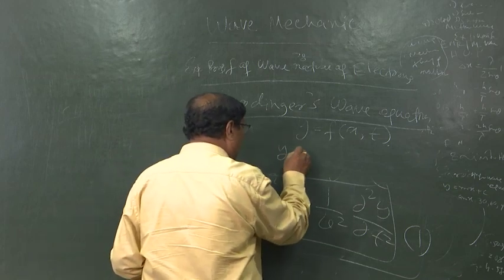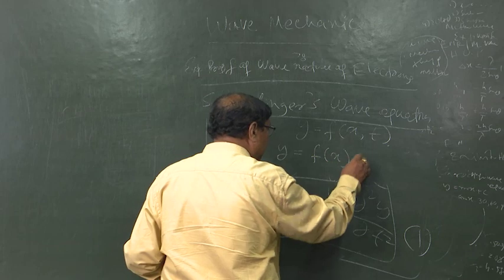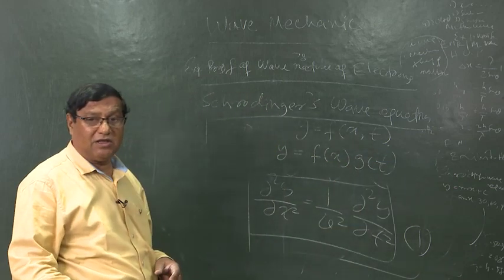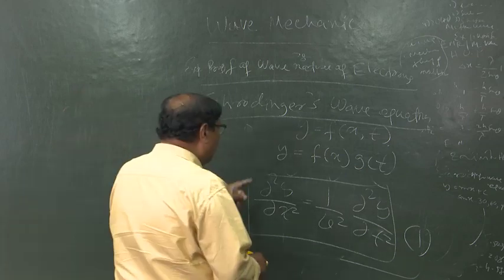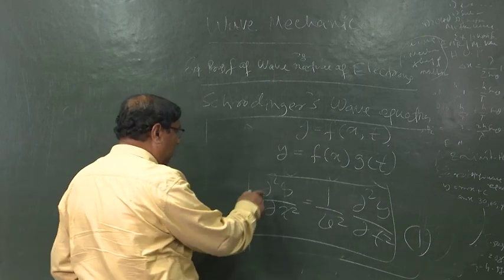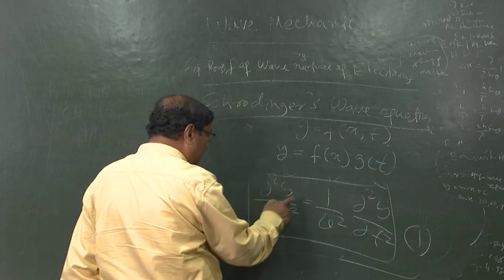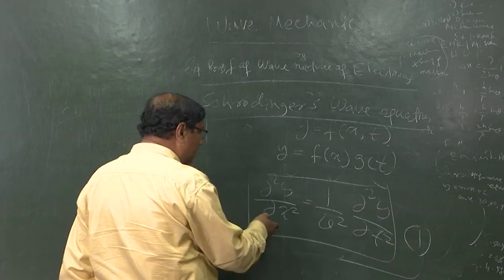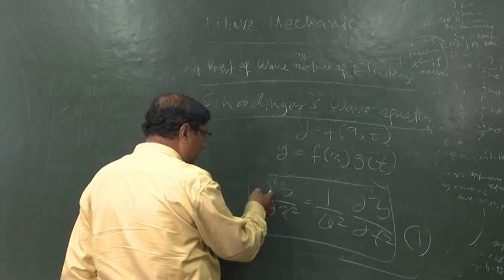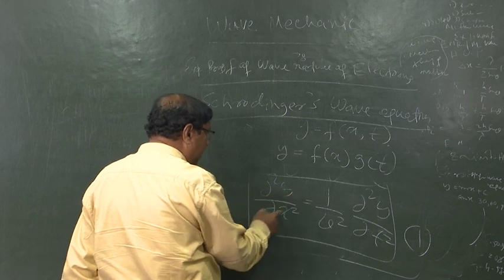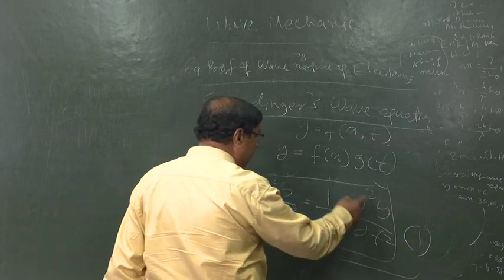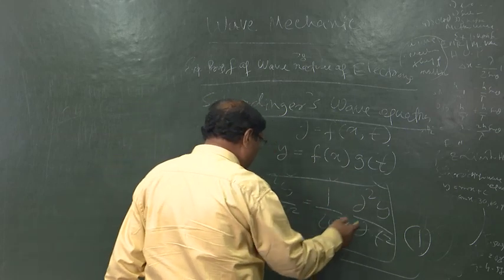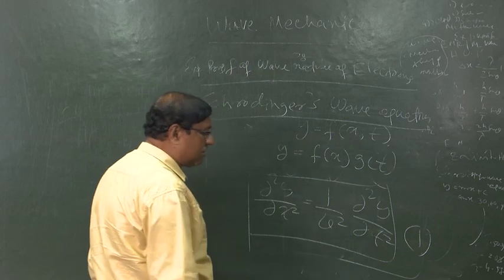So we can write y is equal to f(x) into g(t). Now here we require d square y by dx square, so we differentiate twice with respect to x. Similarly, we differentiate twice with respect to t, and we will get this value. So we put these two values in equation 1.